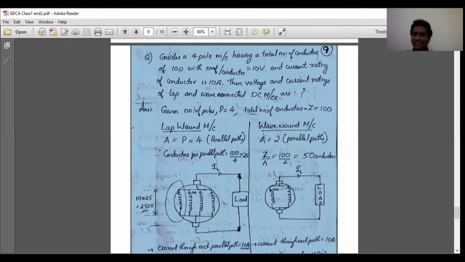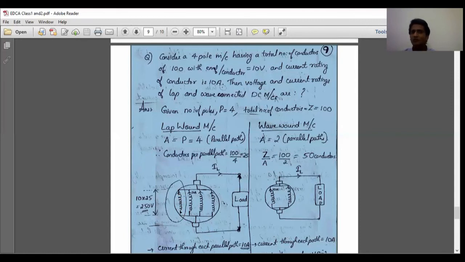So for the entire parallel path, we have 25 conductors, and each conductor has a capacity of 10 ampere. Never do 25 into 10, that's equal to 250 ampere. That's wrong, because in a series connection, the current at this point is equal to the current at this point is equal to the current at this point.